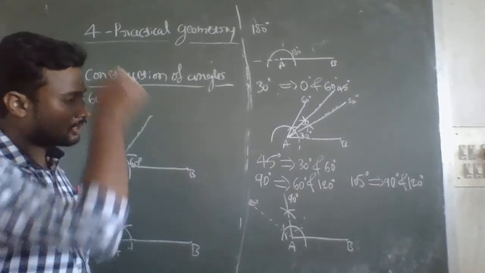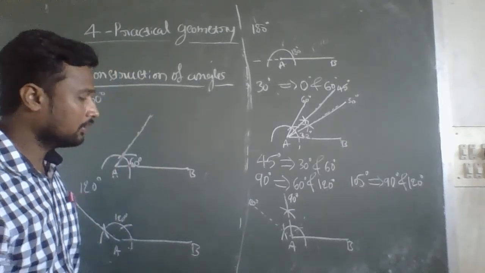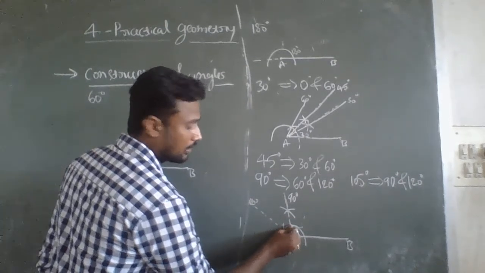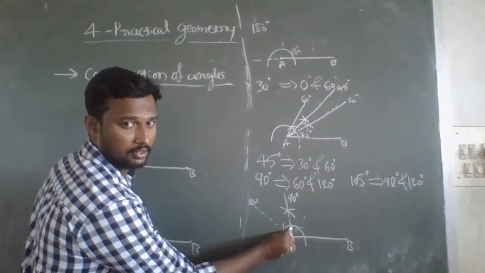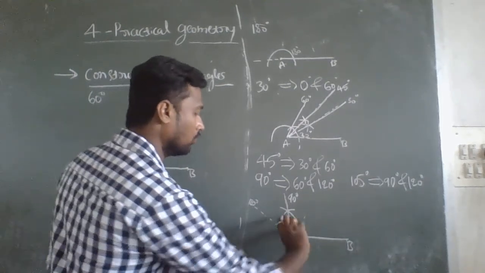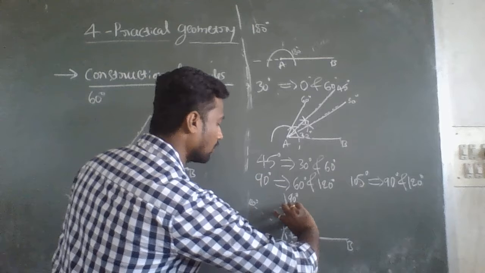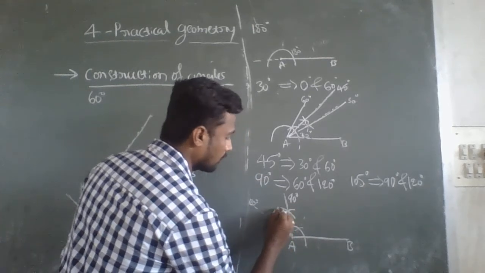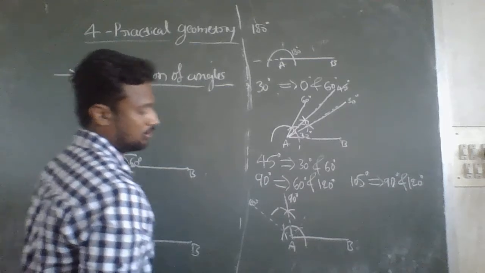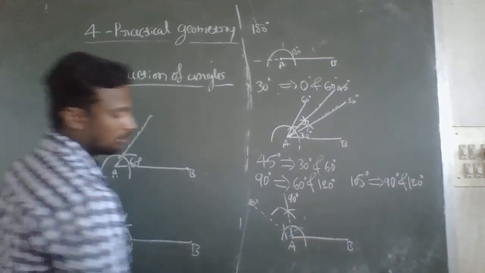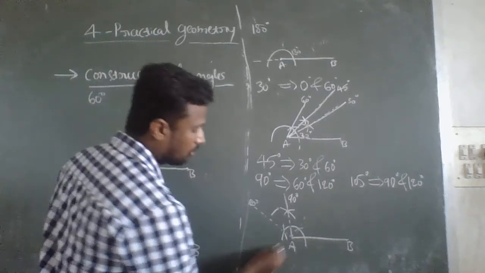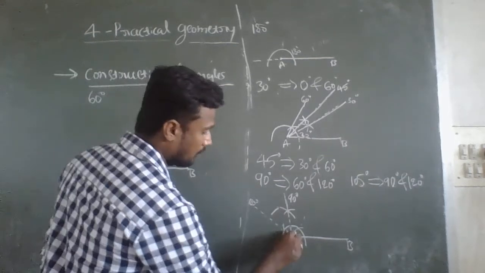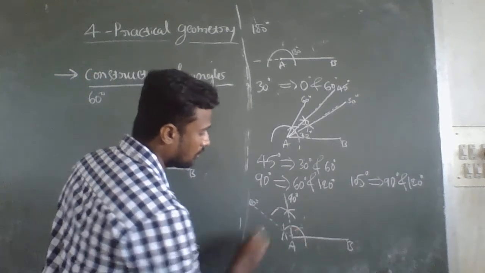To draw or construct 105 degree, what we can do here, I will place the compass on the intersecting line of 90 degree. Place the needle of the compass and draw an arc like this. So here we will get the arc. Like this only, keep the compass on the intersected line of 120 degree and draw an arc.